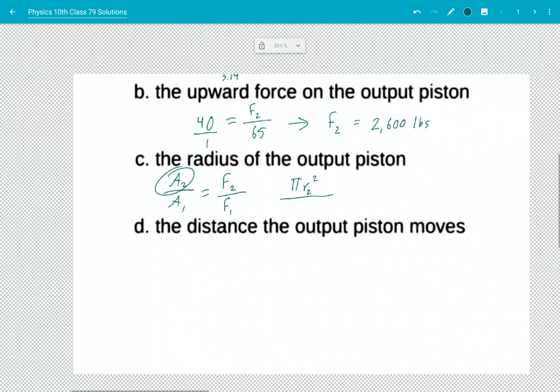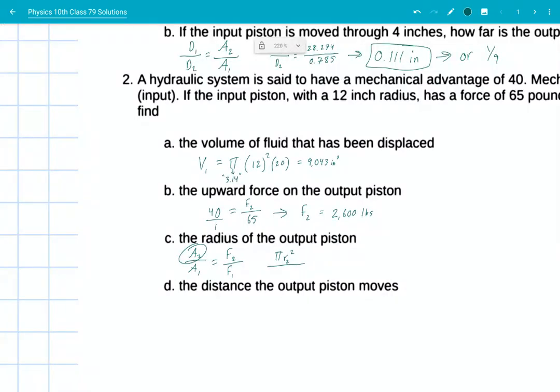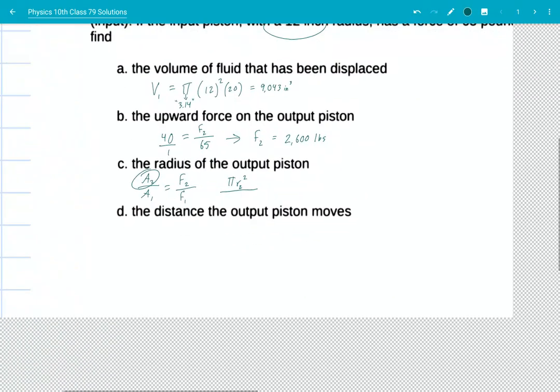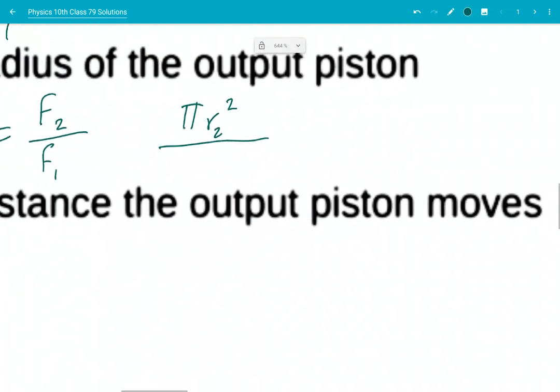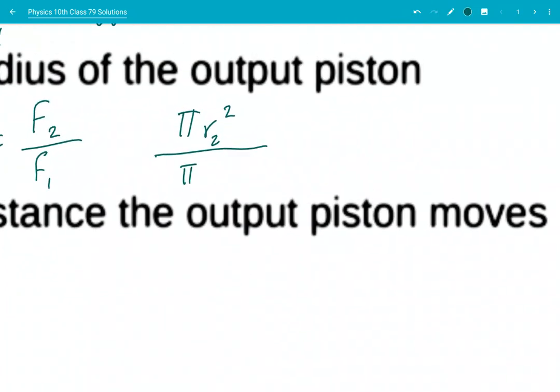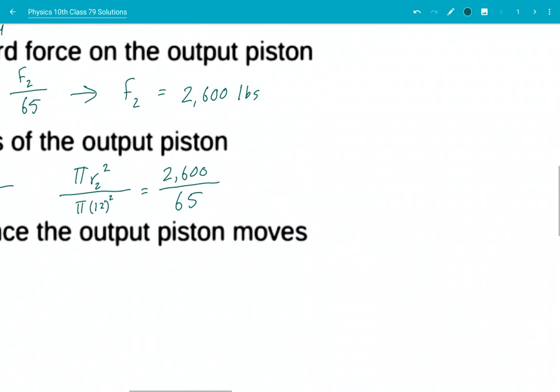All over A1, we know the radius, so we're going to say pi times 12 squared equals F2, we just found, is 2,600 pounds, all over F1, we already know they gave it to us, equals 65, just like that.